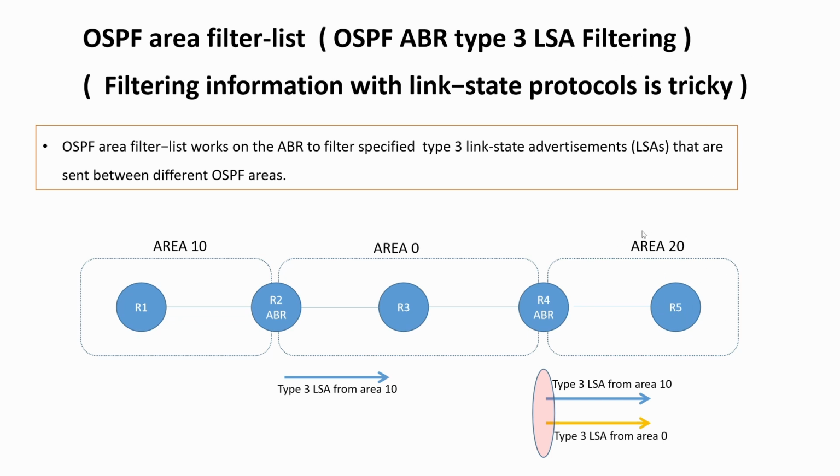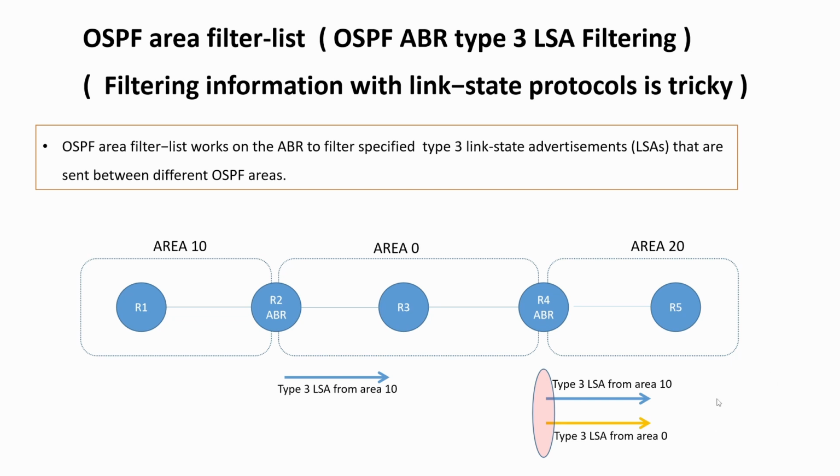For instance, area 20 receives Type 3 LSAs consisting of the LSAs originated from area 10, and it also includes the LSAs originated from area 0. So the OSPF area filter list applies to all the Type 3 LSAs going into area 20.